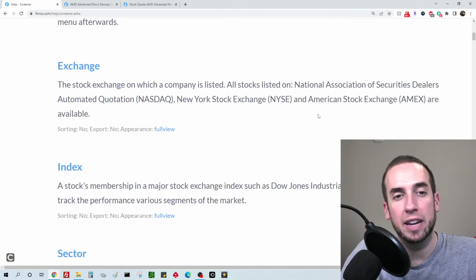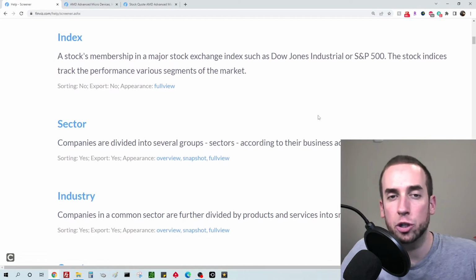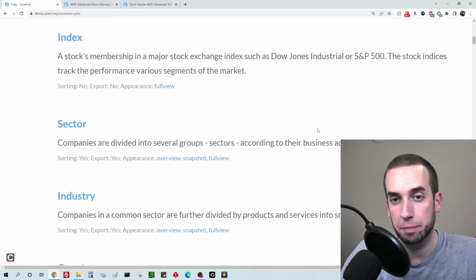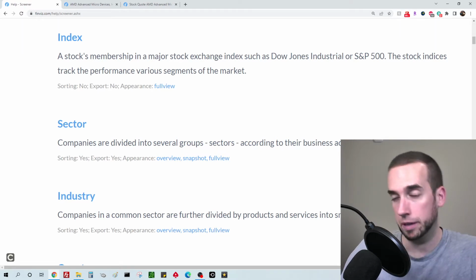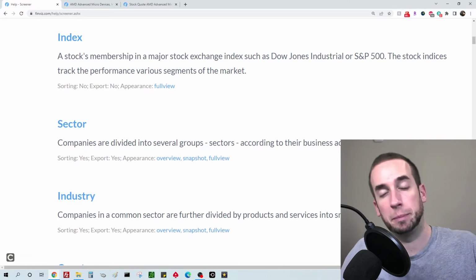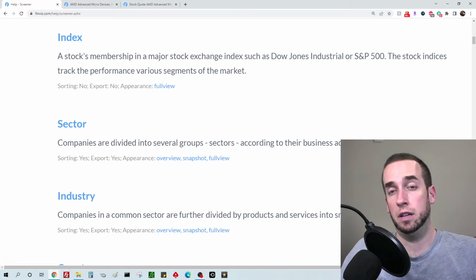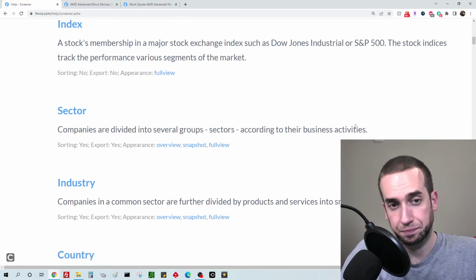Moving on to index. A stock's membership in a major stock exchange index, such as Dow Jones Industrial or S&P 500. The stock indices track the performance of various segments of the market. So the S&P 500 has the top 500 companies on the markets, just as FYI.